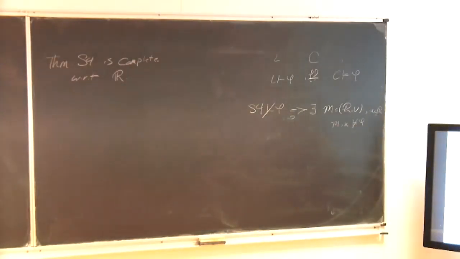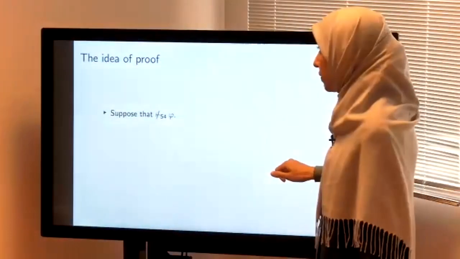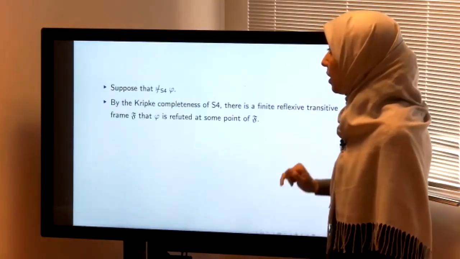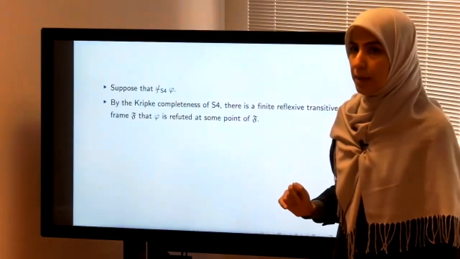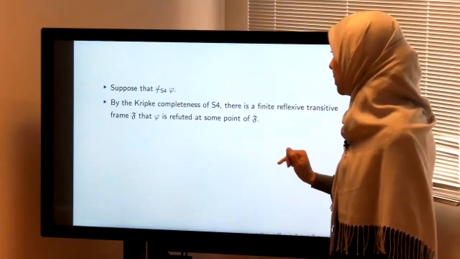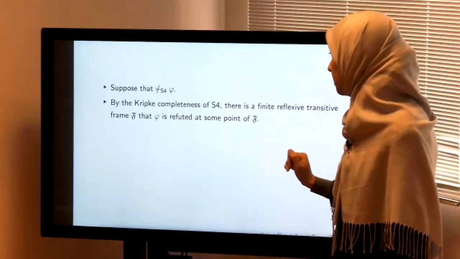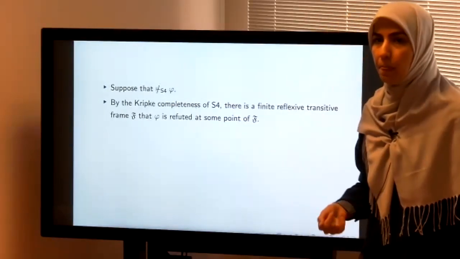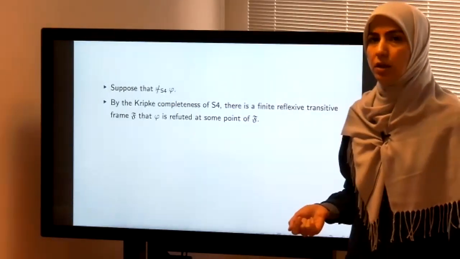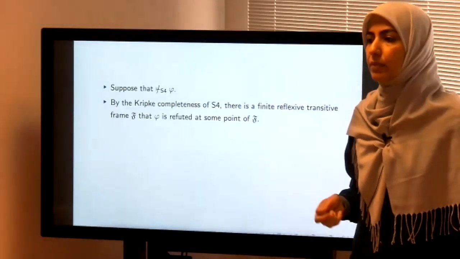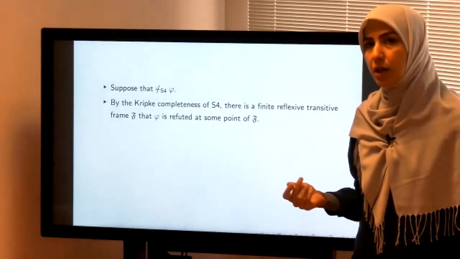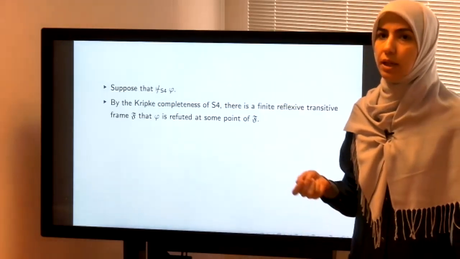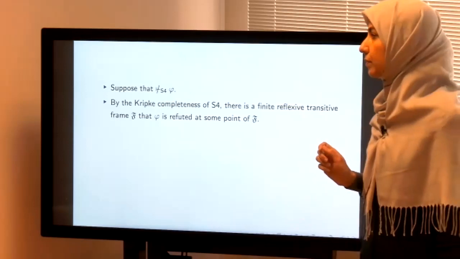So suppose that phi is not a theorem of S4. From the Kripke semantics, we know that S4 is complete with respect to reflexive and transitive frames. And also we said that S4 has the finite model property, which means that any formula which is satisfiable has a finite model.